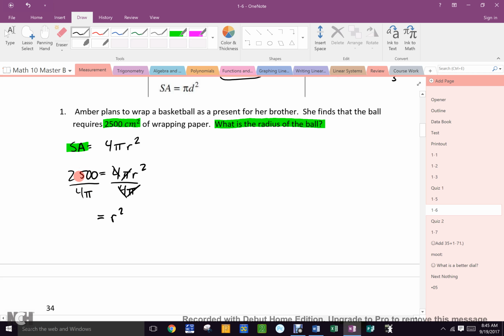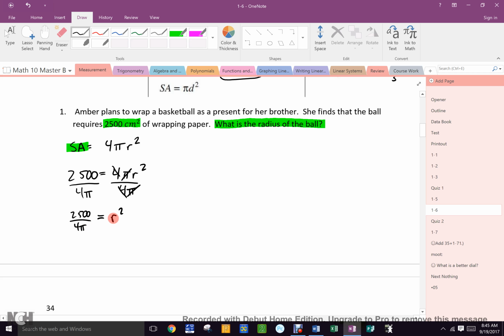How do I punch that into my calculator? Should I punch it into my calculator right now? No. So I've got 2,500 over 4 pi equals r squared.